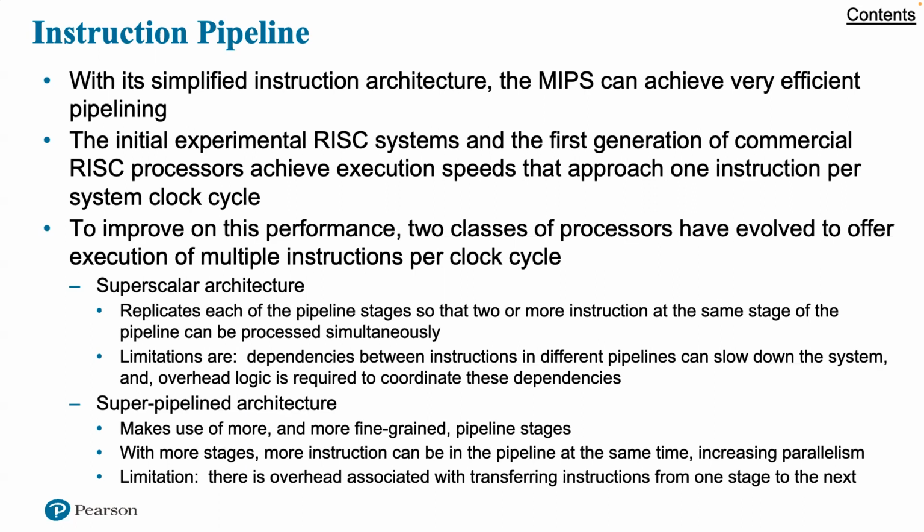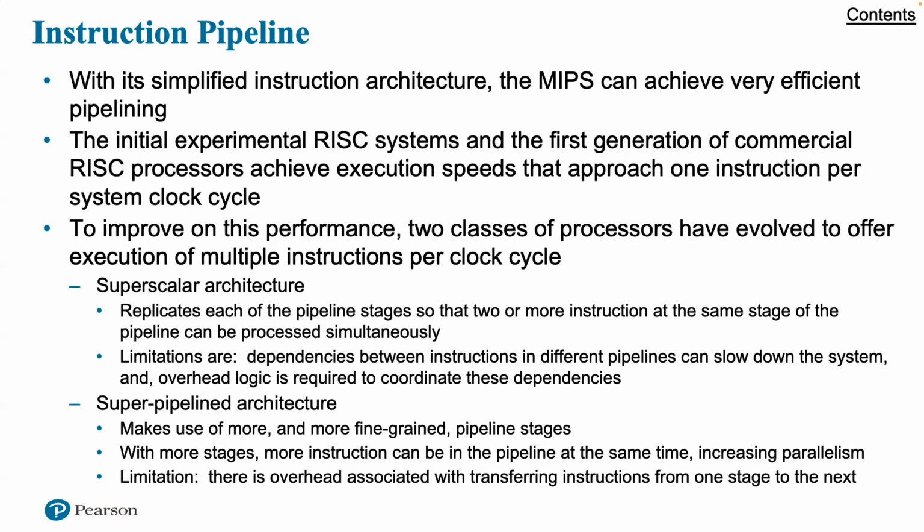Both approaches have limitations. With superscalar pipelining, dependencies between instructions in different pipelines can slow down the system. Also, overhead logic is required to coordinate these dependencies. With super pipelining, there is overhead associated with transferring instructions from one stage to the next.